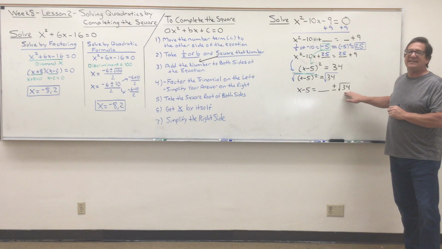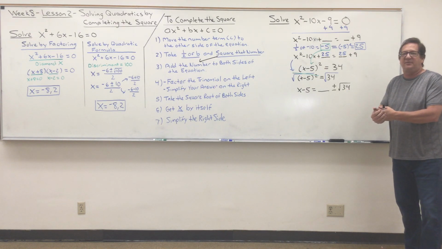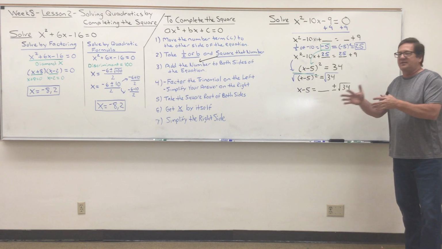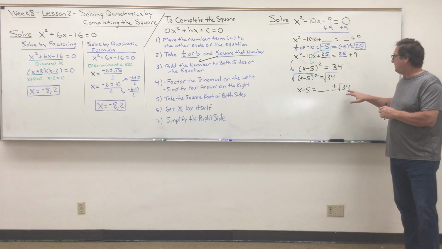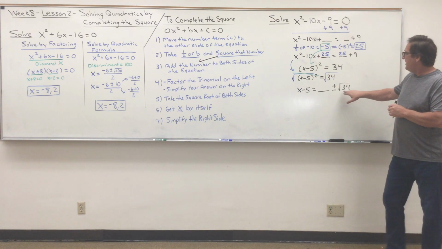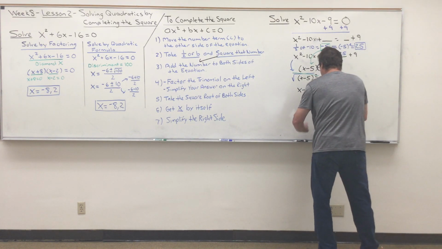Remember, this is called an exact answer. As soon as you change it to a decimal and you round off, now we're approximating. So this goes back to our lesson a couple weeks ago at the end of the quadratic formula, where we simply left our answers in radical form. And now we're going to go ahead and add 5 to both sides.